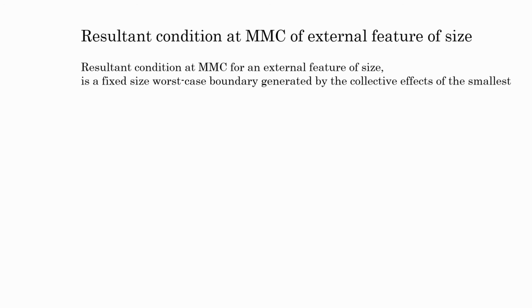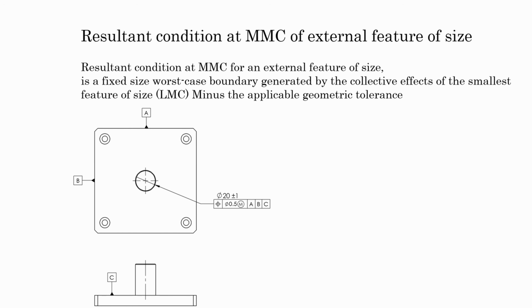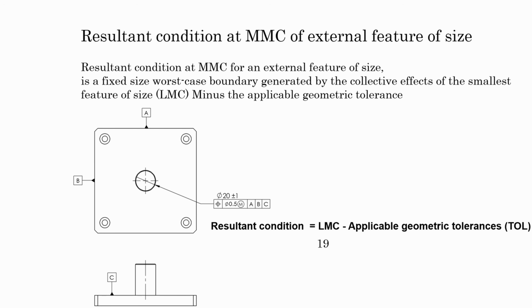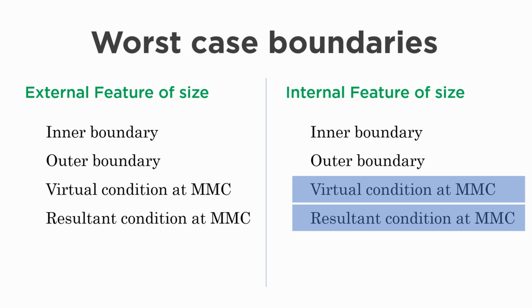So the resultant condition at MMC of an external feature of size is a fixed size worst case boundary generated by the collective effect of the smallest feature size, LMC, minus the applicable geometric tolerance. So in this example, the resultant condition would be 19 mm, LMC of the pin, minus the applicable geometric tolerance 0.5 mm, which is 18.5 mm.